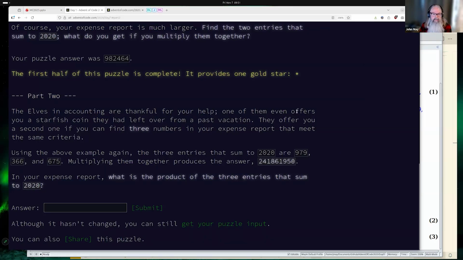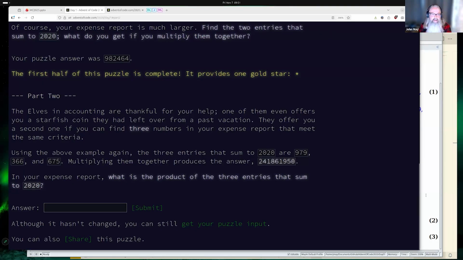And so the elves are thankful for your help. And then they ask you to do something else. So they want 3 numbers that meet the same criteria. So now we're asked to find 3 numbers that add together to 2020.